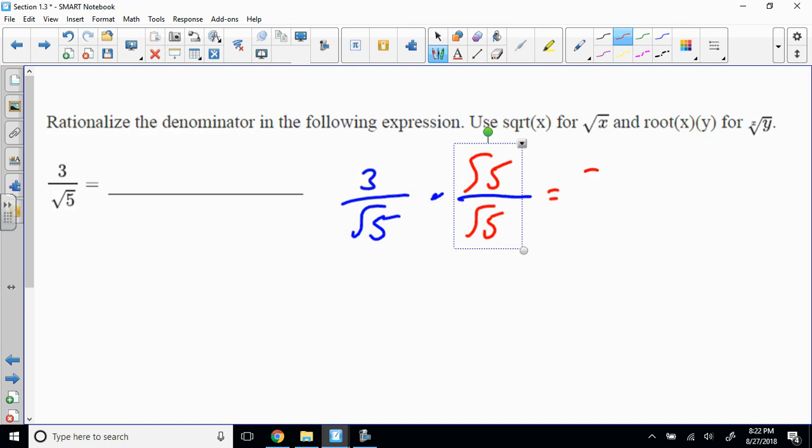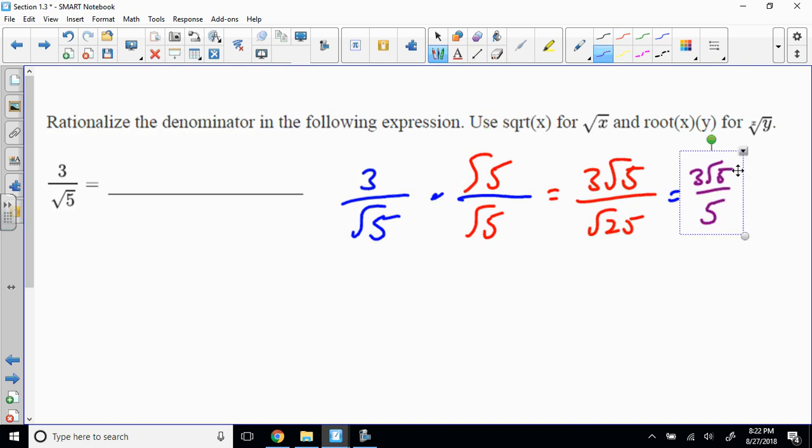What this gives me is 3 square root of 5 over square root of 25. And folks, the square root of 25 simplifies down to what? Now, I'm going to erase that. That's just poor writing right there. Can I simplify the square root of 5? No. How do you know?